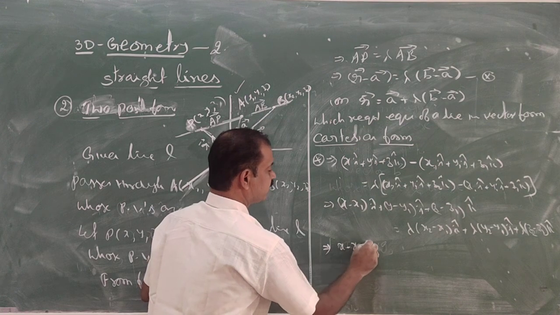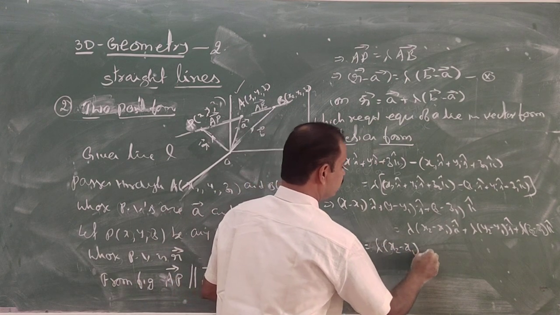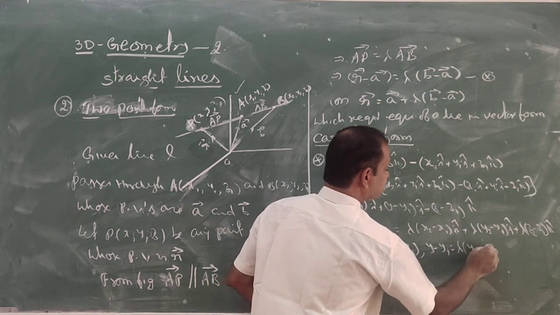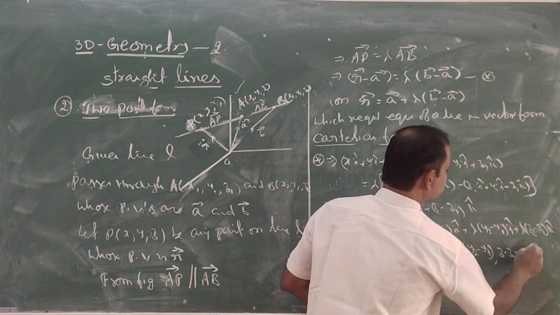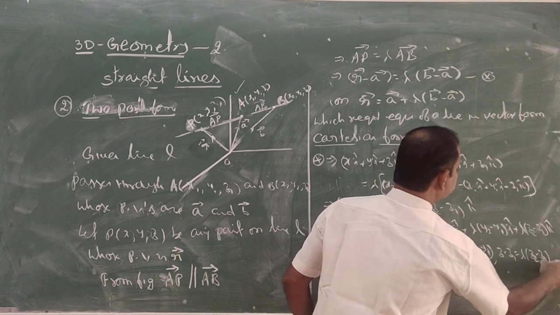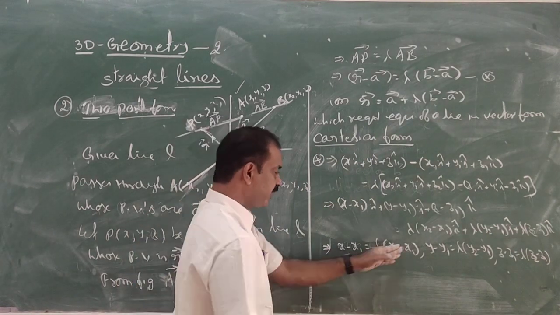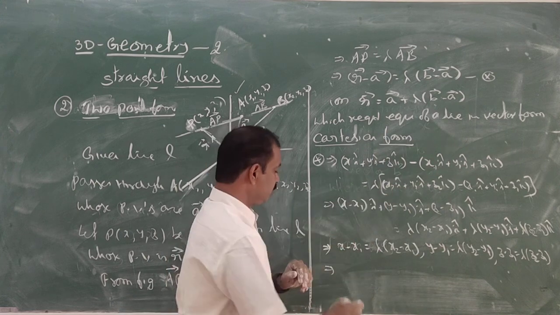So x minus x1 is equal to lambda times of x2 minus x1, y minus y1 is equal to lambda times of y2 minus y1, z minus z1 is equal to lambda times of z2 minus z1, which implies when you take all the ratios, it becomes lambda only.